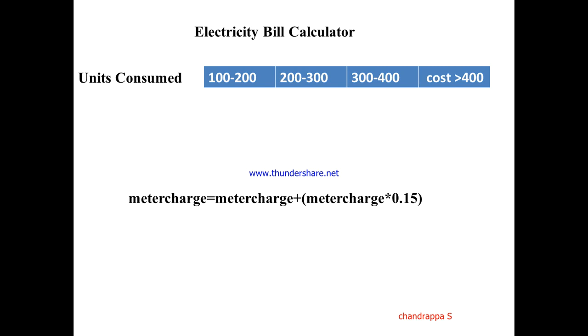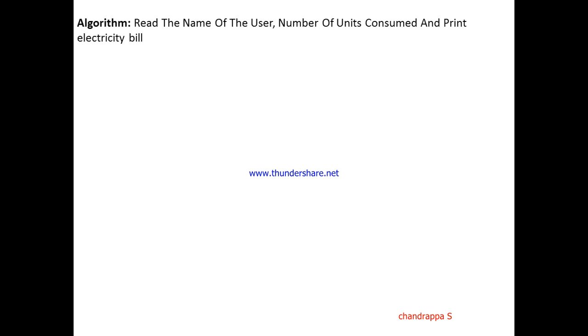Now we'll see the algorithm. Algorithm 2. Read the name of the user and number of units consumed and print the electricity bill.